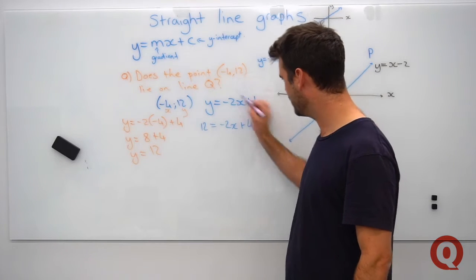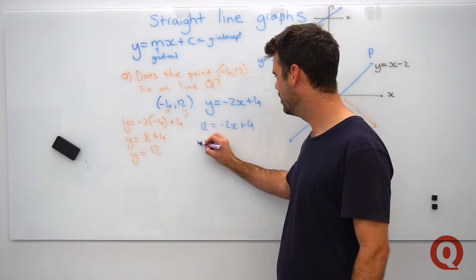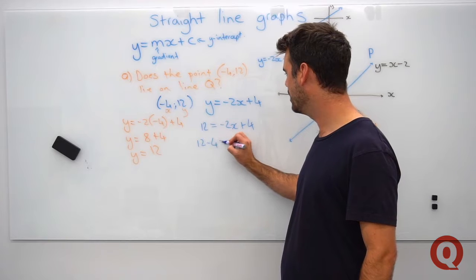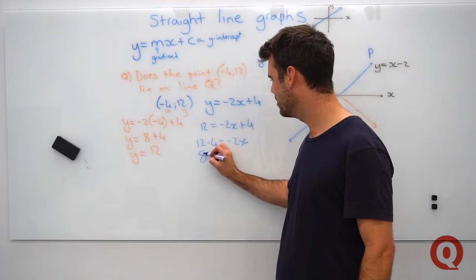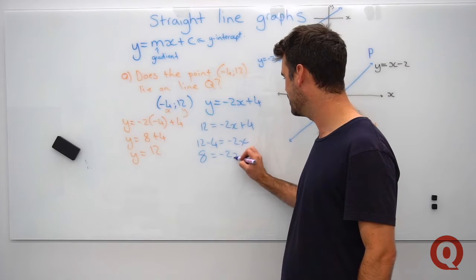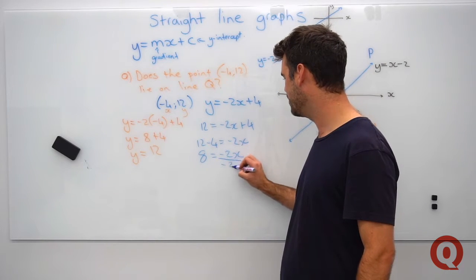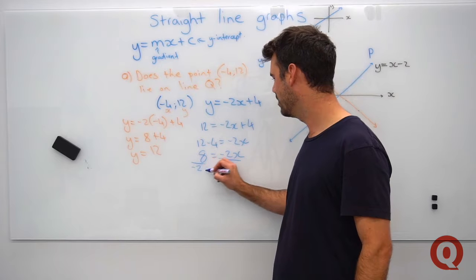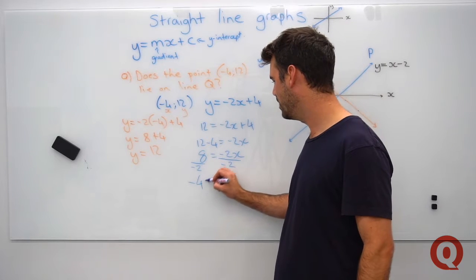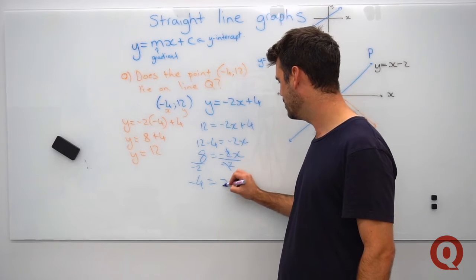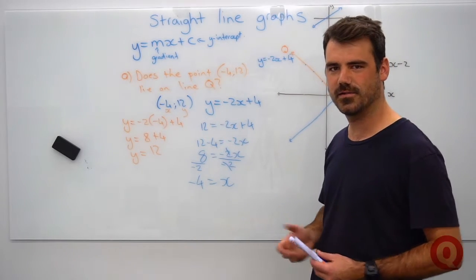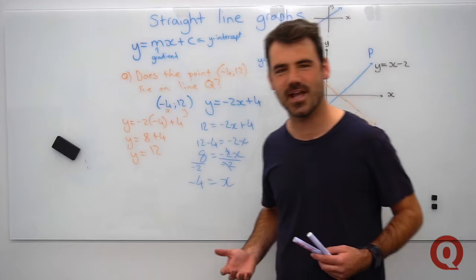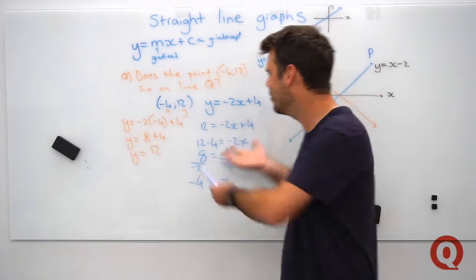Trying to solve for x, I bring the 4 over, so it becomes 12 minus 4 is equal to -2x. So 8 is equal to -2x. Divide both sides by -2. That becomes -4 is equal to x. And that's the same thing. So it works. How incredible is that? Hey, it clicks, it all makes sense.